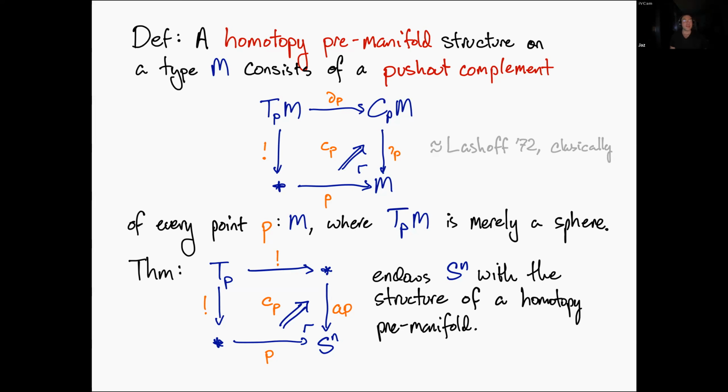So this is very similar. If C_P M, which is supposed to be the complement of M at P, were actually points-at-complement, this would be very similar to a definition of the tangent bundle of a topological manifold given by Lashof in '72. So in particular, remember that map C_P, which mapped every point in the tangent sphere of a point to a homotopy between it and its antipode.